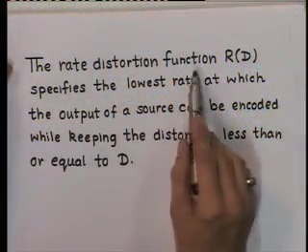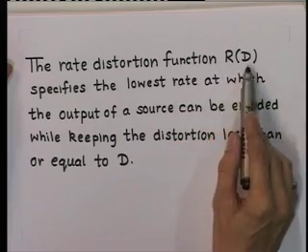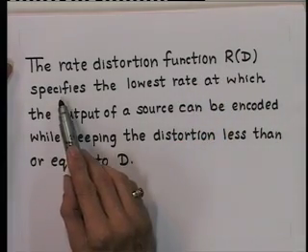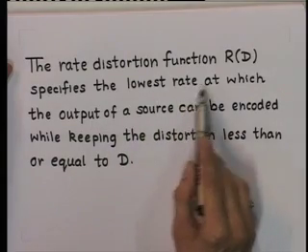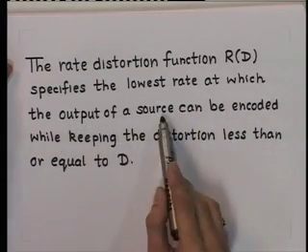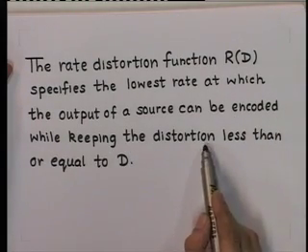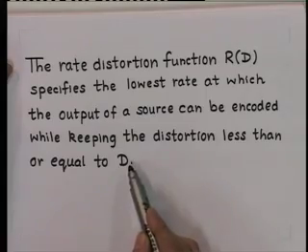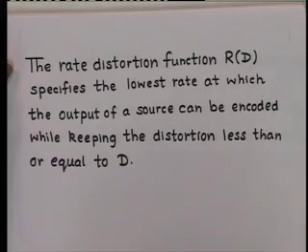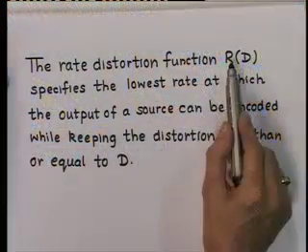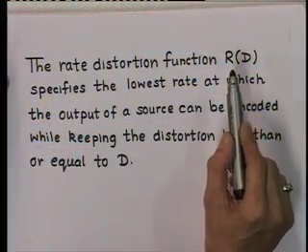The rate distortion function given by R of D specifies the lowest rate at which the output of a source can be encoded while keeping the distortion less than or equal to D. Now, before we mathematically define the rate distortion function, let us look at the evaluation of rate and distortion for some different lossy compression schemes.